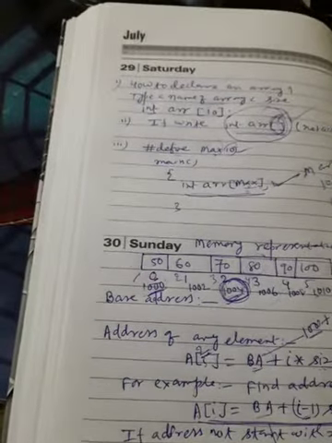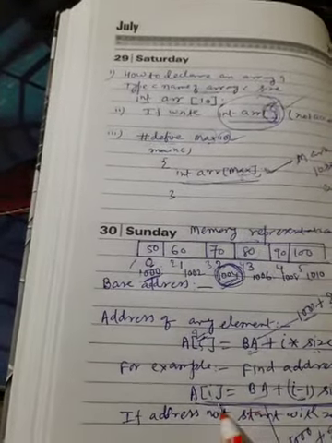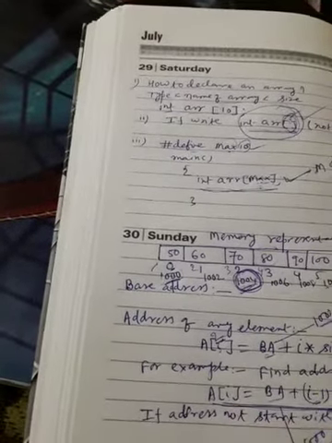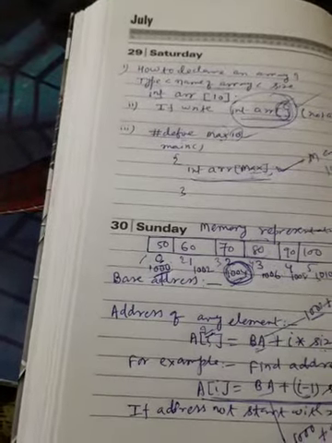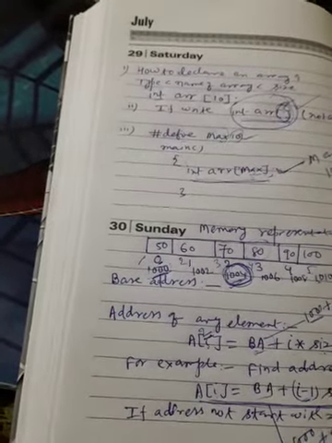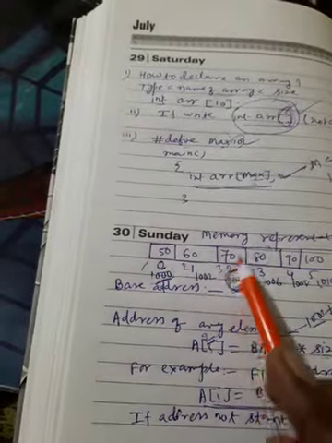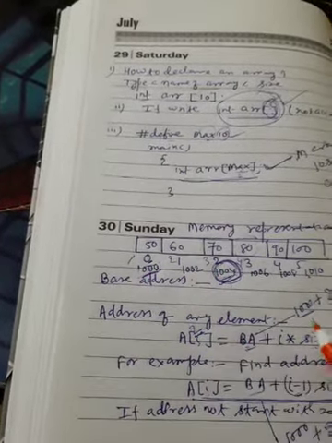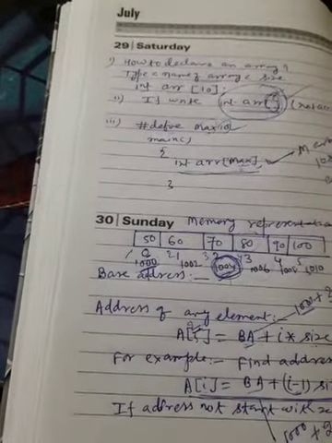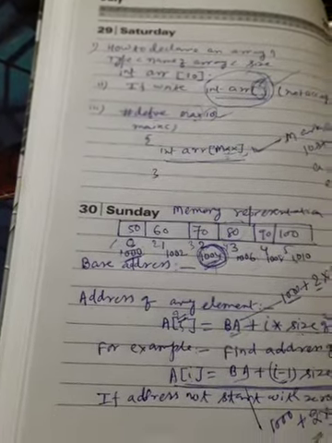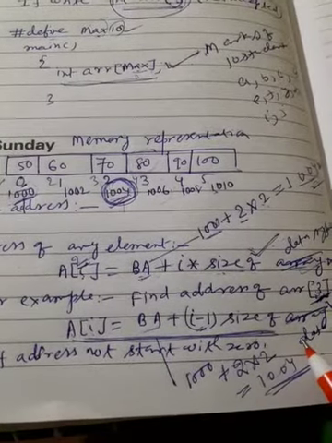So when the index starts with 1, we use this formula. Suppose A[3] is there: 1000 + (I minus 1) × size, so 3 minus 1 becomes 2, the size of the data type is 2, so 1004. So first, second and third elements are the same. Clear? For 0 indexing we use the first formula, and if indexing starts with 1, we use this formula.